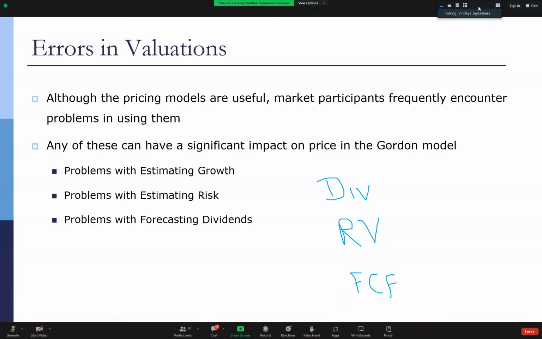If you use certain assumptions, you could probably get the same answer using any of these three models, right? Free cash flows to the firm, to equity, and dividend discount models. The only thing is there are certain assumptions that you will have to make. So in real life, you will not get the same answer, but you should get something close enough.